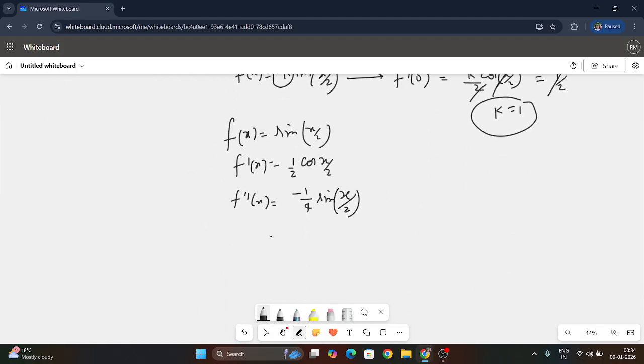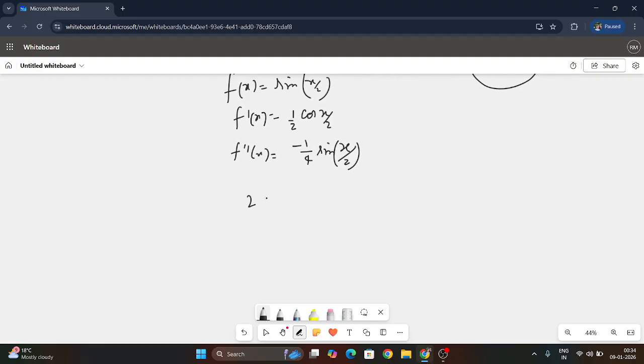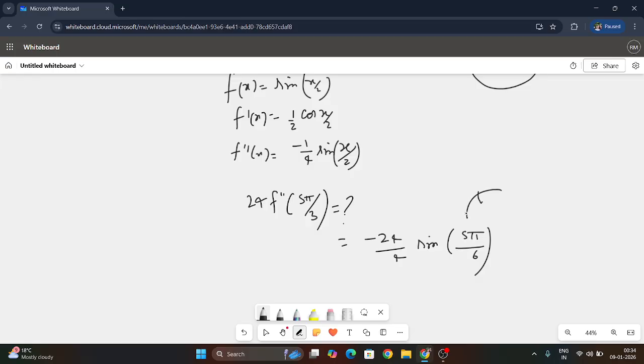So इसको अपन लोग ध्यान रखते हैं. f 5 pi by 3, इसकी value अपन को बतानी है. तो अपन को यहाँ पर 5 pi by 3 रखना पड़ेगा. -24 divide by 4 sin 5 pi by 3 and divide by 2 means pi by 6. और ये आपका हो गया pi minus pi by 6, that is 5 pi by 6.